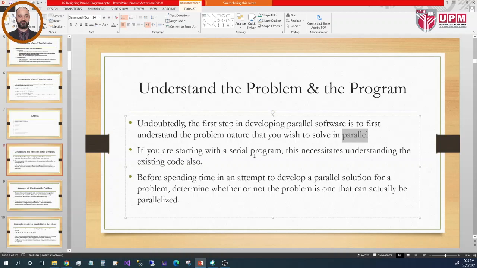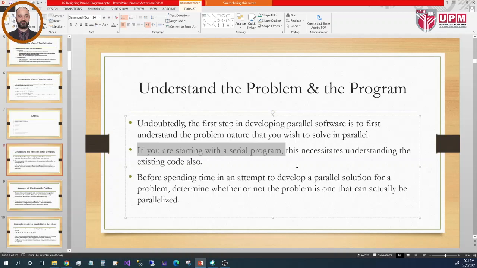If you are starting with a serial program, for example, if you have an existing program that solves a certain problem, and you were asked by the management or by the customer to check that program and change it to parallel, then in that case it's very necessary to understand the existing code first. You have to understand how the existing code works.